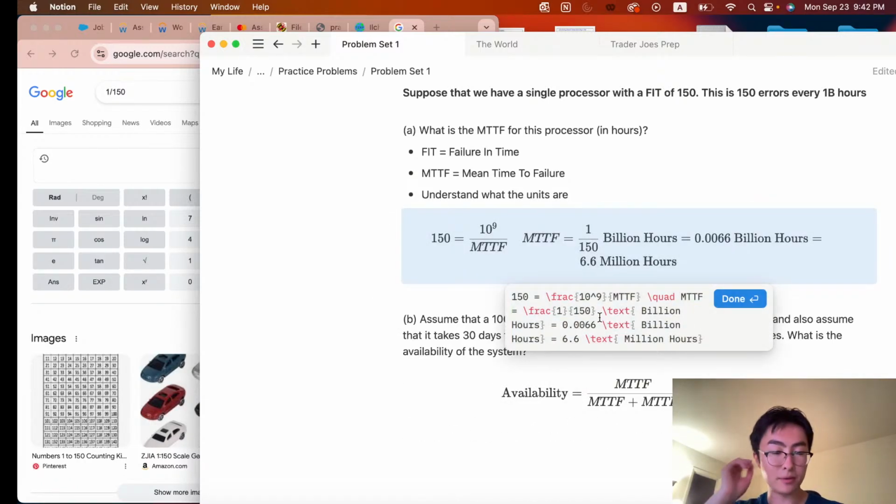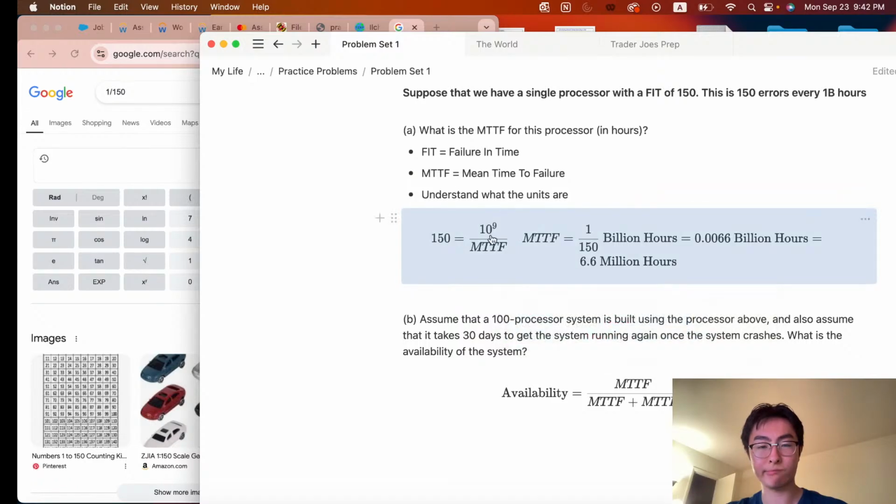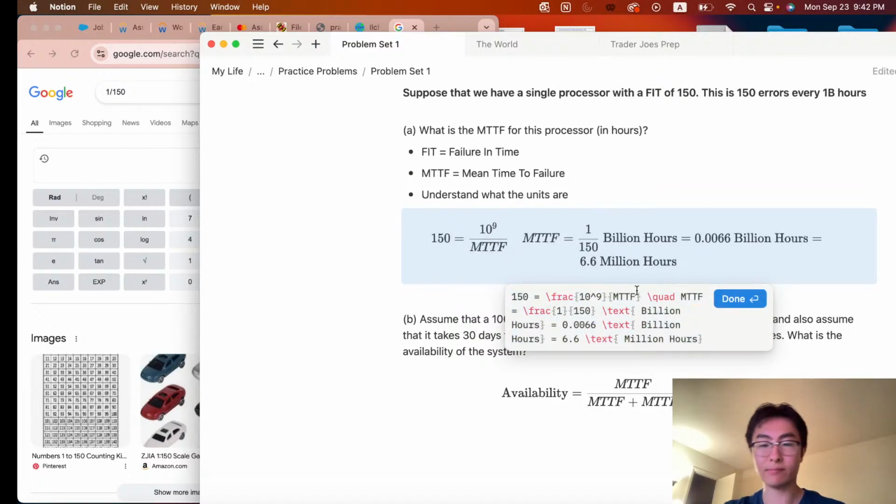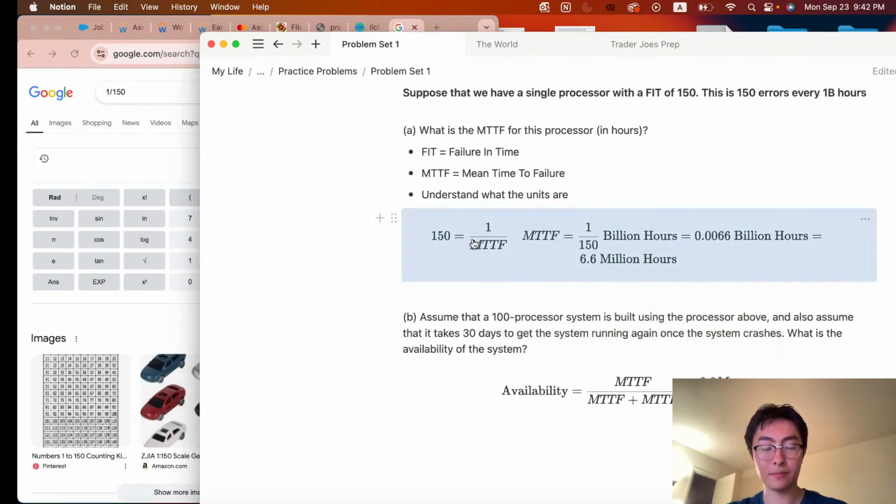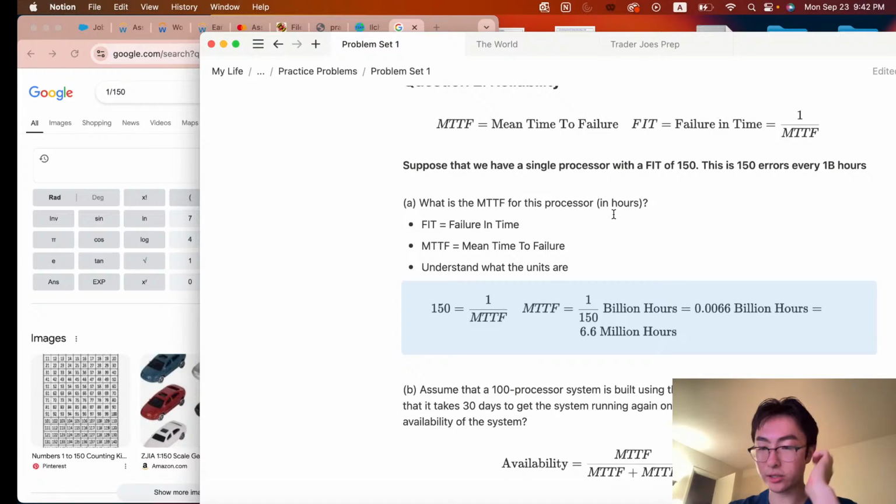Since the question asks specifically in hours, that's when you use the 10 to the 9th.